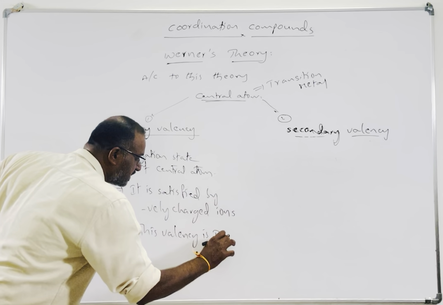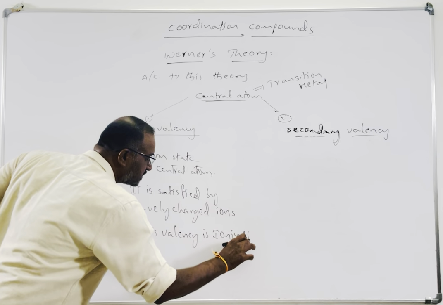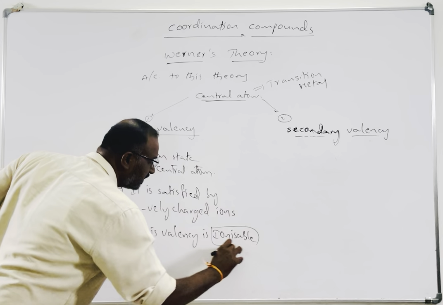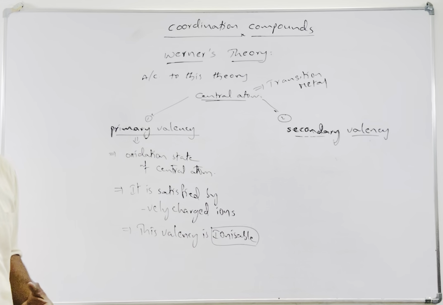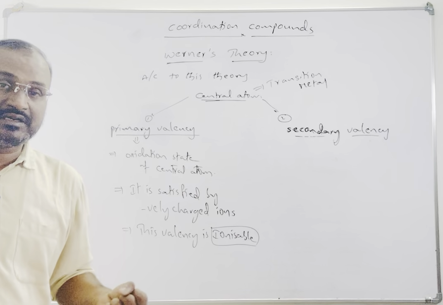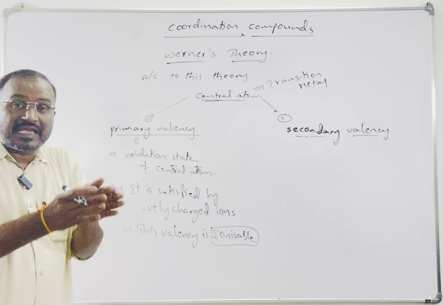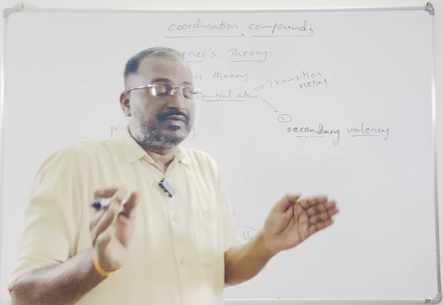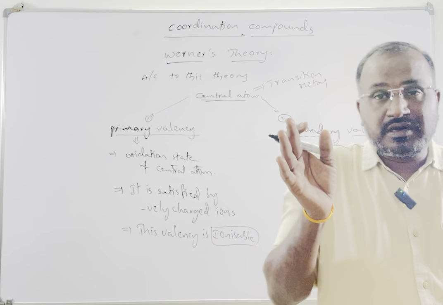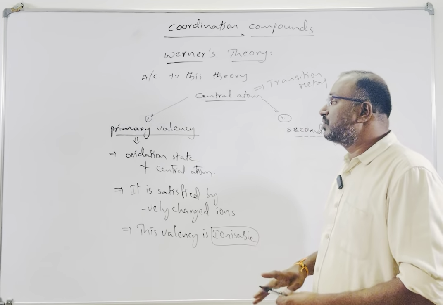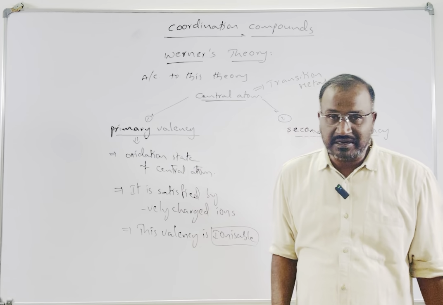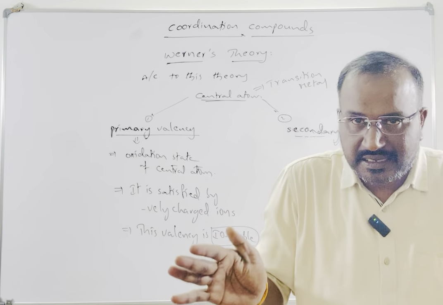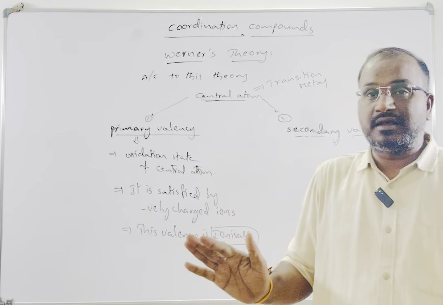This valency is ionizable. What does ionizable mean? It can convert into ions. If a certain amount of energy is supplied and the coordination compound dissociates, those ions which are satisfying the primary valency will be ionized. They convert into ions.